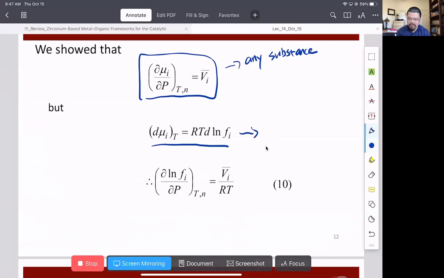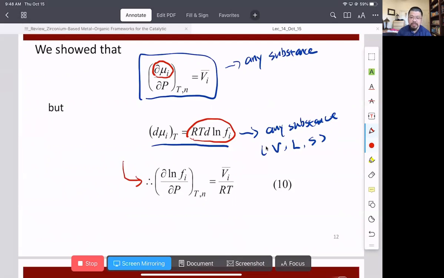This is again for any substance: liquid, vapor, or solid, or mixtures. Okay. So now if we replace d mu i by RT d log Fi, I hope you quickly realize that we are doing nothing but replacing this chemical potential by a function of fugacity.